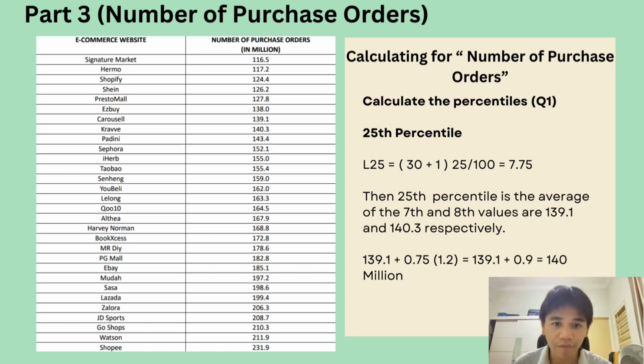The 25th percentile is the average of the 7th and 8th values, which are 139.1 and 140.3 respectively. So we're going to fill in all the information given and use the formula 139.1 plus 0.75 times 140.3 minus 139.1, which is 1.2, equal to 139.1 plus 0.9, and it's equal to 140 million.